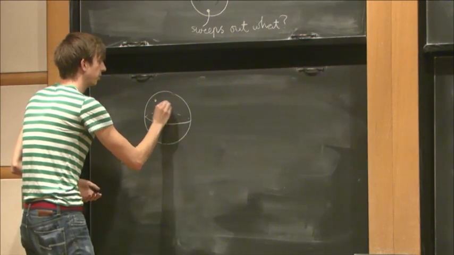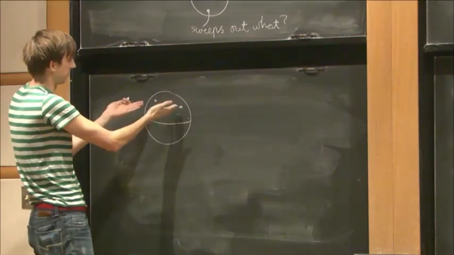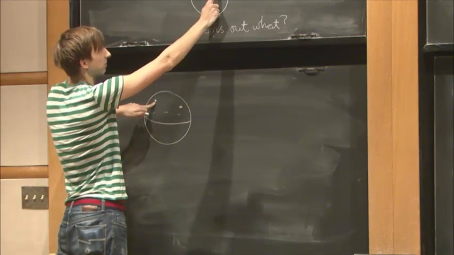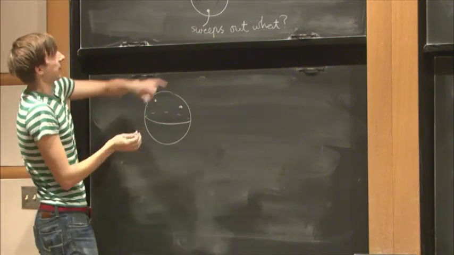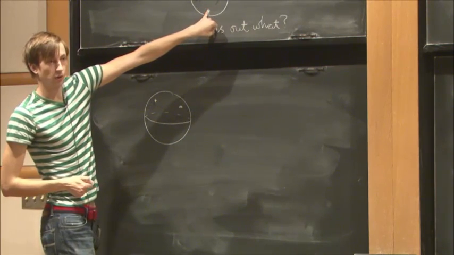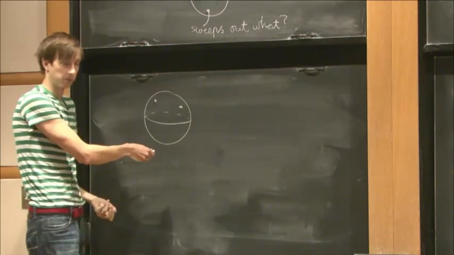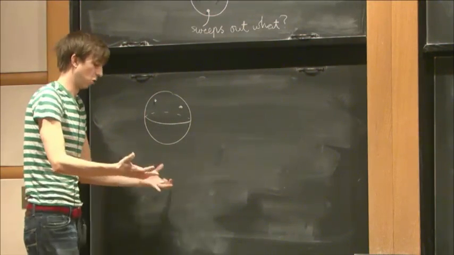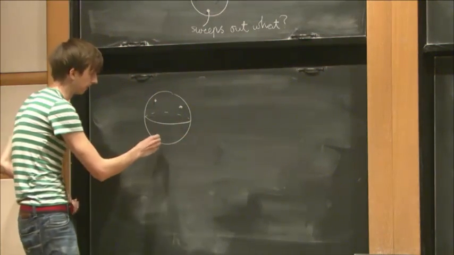So no matter where we choose these two point classes, we can choose our first and second marked points to lie wherever those guys are. And then we have to look at the space swept out by the possible choices of the third marked point. And of course, the third marked point can go anywhere because all CP1s with three marked points are biholomorphic, no matter where we put it.